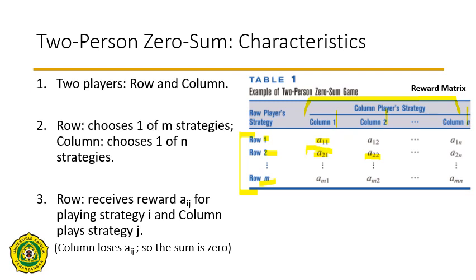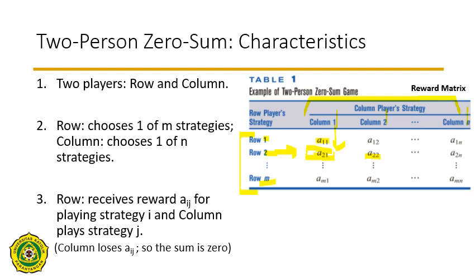So A21, for example, means the reward that the row player will receive if he or she is playing the second strategy, and at the same time, the column player is playing the first strategy. So the reward in the reward matrix is always denoting the reward for the row player.